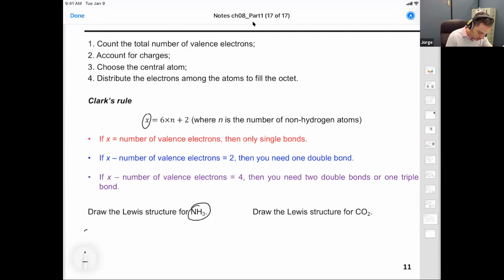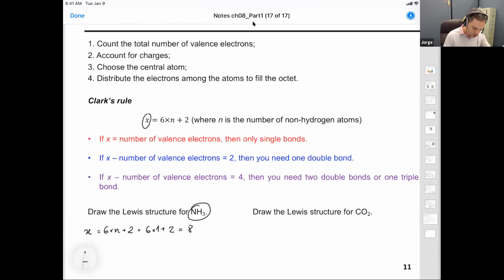We start by calculating x. That's 6 times the number of non-hydrogen atoms plus 2. In the NH3 structure, we just have one atom that's non-hydrogen. Therefore, 6 times 1 plus 2, which is equal to 8.